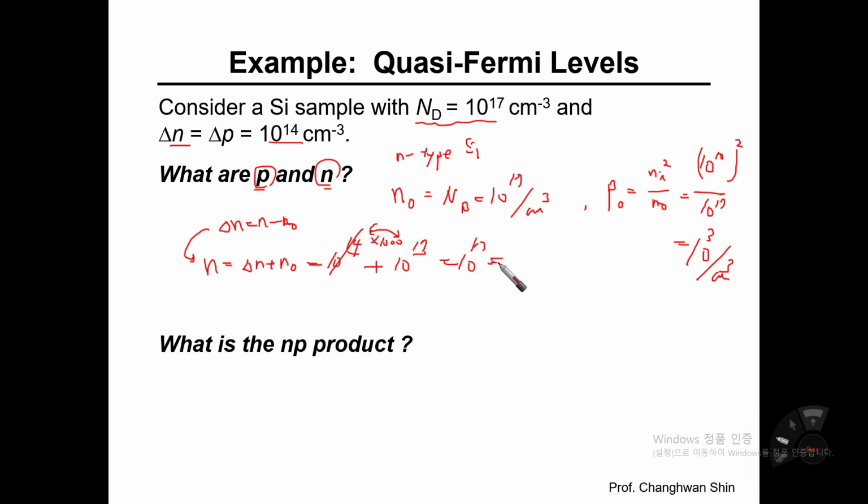So this 10^17 is equal to n naught. So the majority carrier concentration of n-type silicon material has not been affected by this excess carrier concentration.